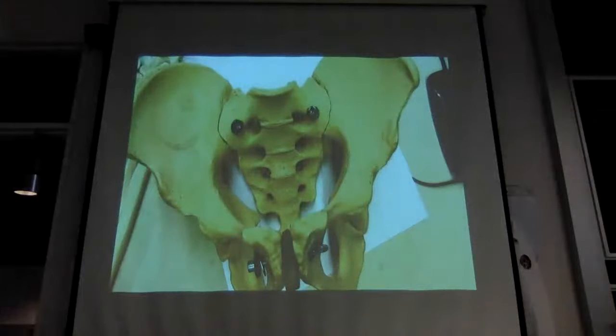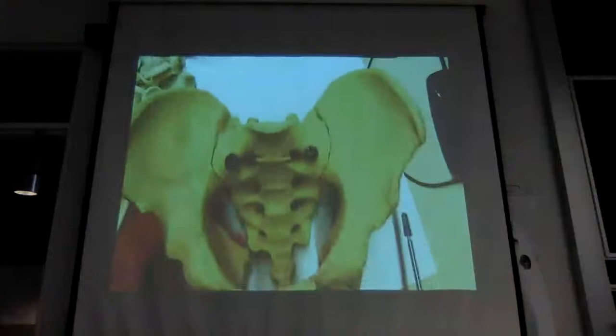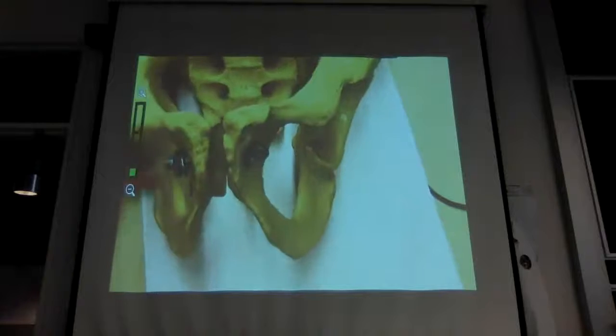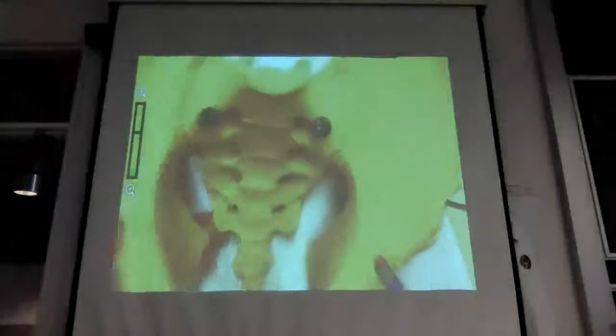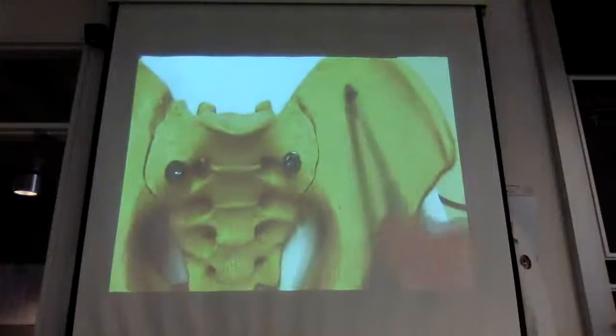Where are we now? Pelvis, right. So we talked about some features of pelvis. These are the big wings of the ilium. This is the iliac fossa.